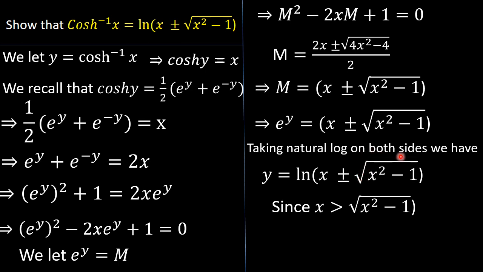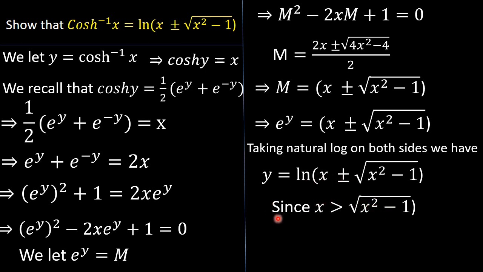Than the square root of x squared minus 1, right? You can further verify that, because if you square both sides, you're going to have x squared greater than x squared minus 1, and it's a true statement because you simply have x squared on the left hand side, then on the right hand side you have the same x squared but minus 1. Means x squared is always greater than x squared minus 1. Good.